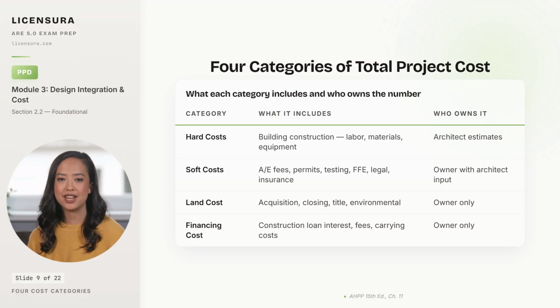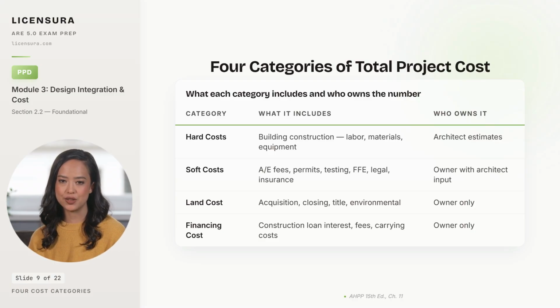The architect typically gives input on soft costs, but does not own the number. The owner does. Land cost is the owner's responsibility entirely: acquisition, closing, title work, environmental remediation if needed, and the architect should not be quoting it.